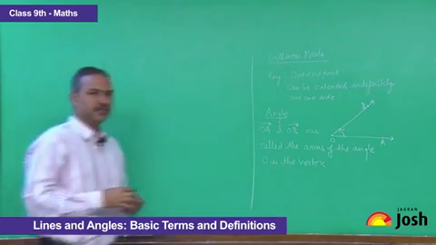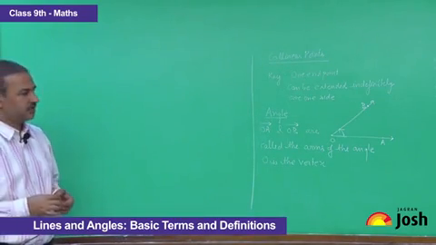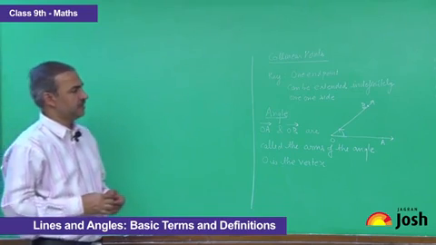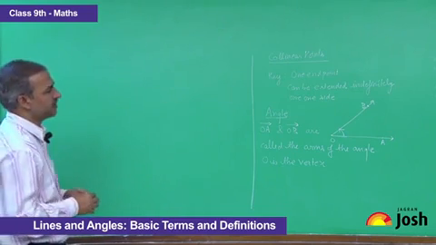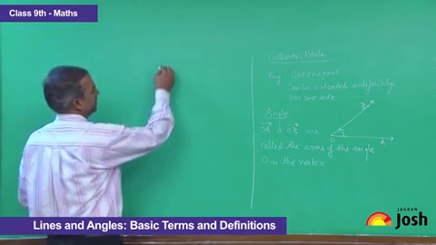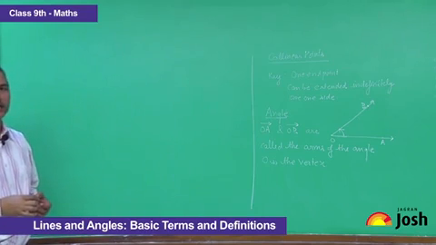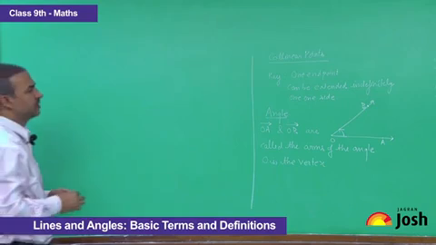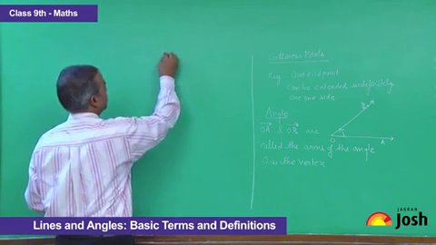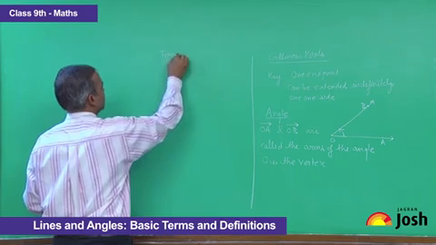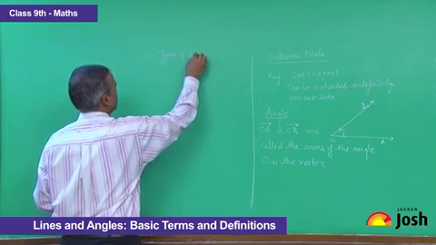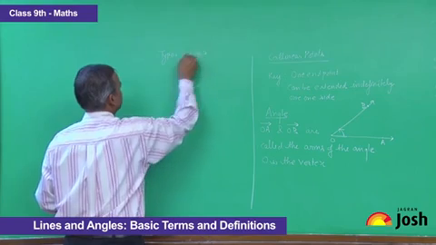The angle is measured in degrees or in radians. We will be using degrees for measuring the angles. Based on the size, angles can be classified into different types. Types of angles.